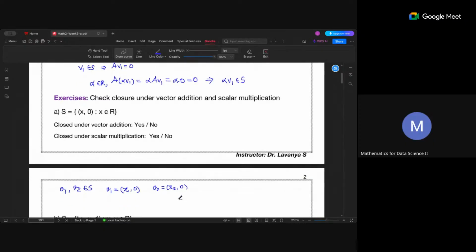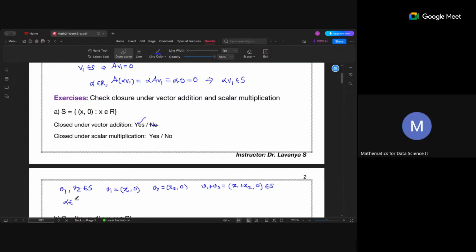Now we want to see whether it is closed under addition. So we will see what is v1 plus v2. It is x1 plus x2, 0. So does this again belong to S or not? Yes. So you see that it is closed under vector addition.